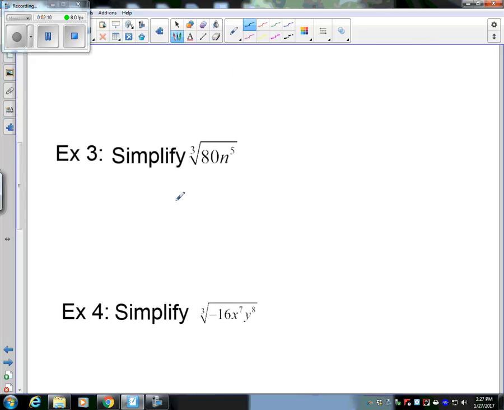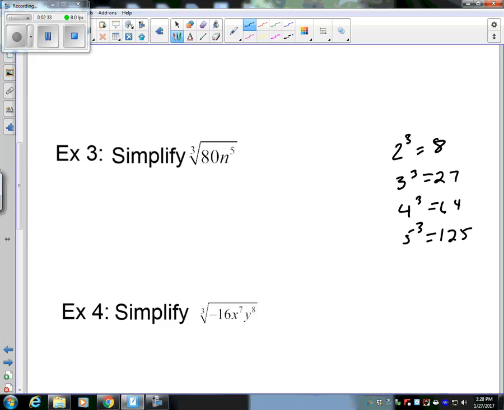Alright, on to cube roots. Cube root of 80. So now with cube roots, you gotta think of perfect cubes. So like 2 to the third, that's 8. 3 to the third, that's 27. 4 to the third, and that's 64. 5 to the third, maybe you might have to go up that high.